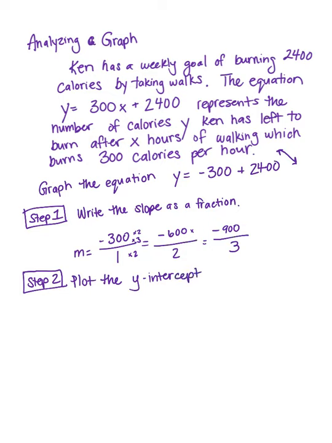And what's the y-intercept? Well, I'm going to go to my equation. There it is, 2,400. So I need to write that as an ordered pair. So it's going to be 0, 2,400. Okay, that was my second step.